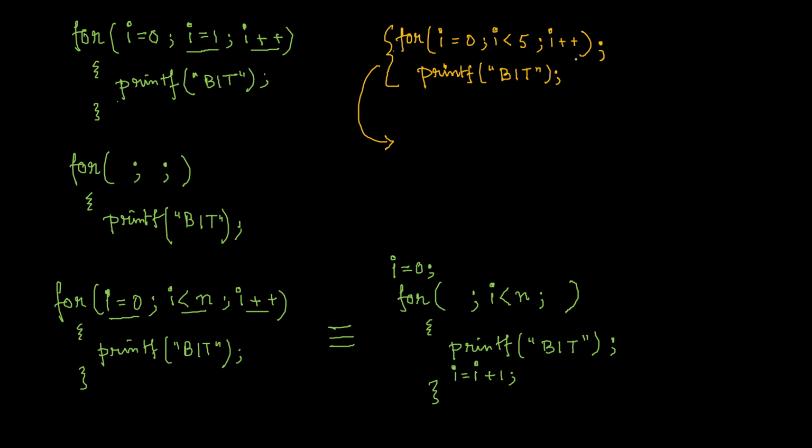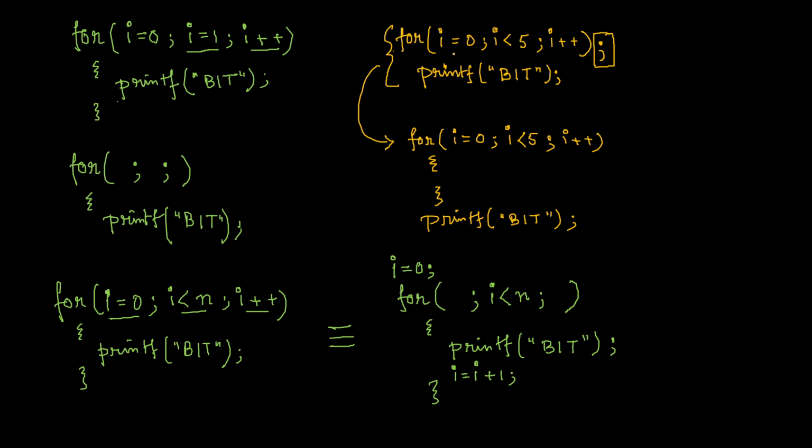Only the first line can be represented like for I equal to 0, I lesser than 5, I plus plus, and within the body there is nothing, and then the printf statement. What I mean to say is that if you have some statement after this for loop, that will not be considered under the for loop if I have a semicolon over here.